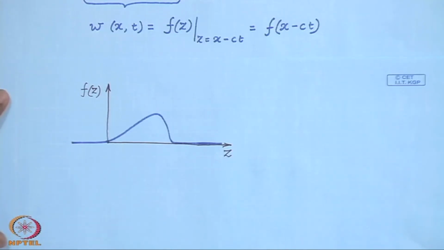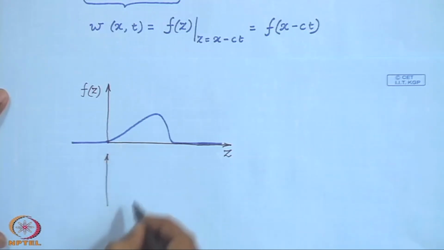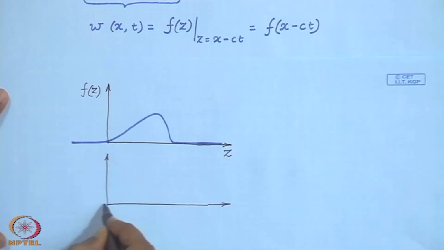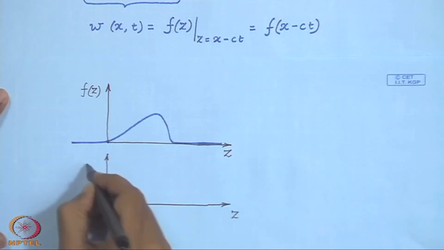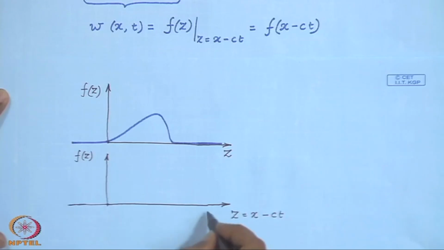Now, what happens when I replace z by x minus c t, and let me plot with x.